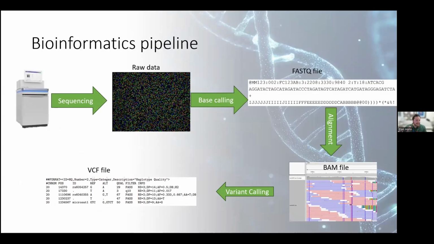And once we get all of that data, we create a FASTQ file, which is not aligned yet. And then once we take those reads, and each of those entries is a read with a quality metric, we align it to the reference sequence, which creates our BAM file. And then once we're calling variants or differences from the reference sequence, that creates our VCF or variant calling file.